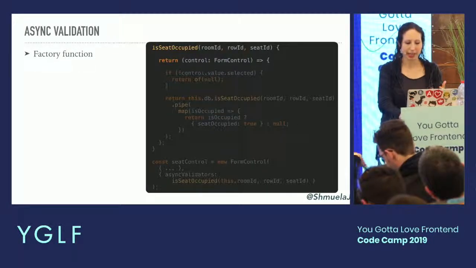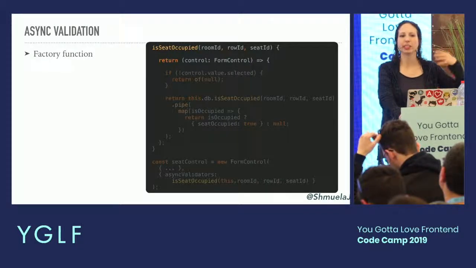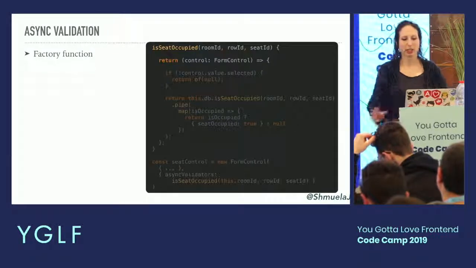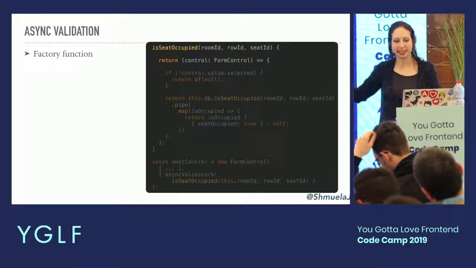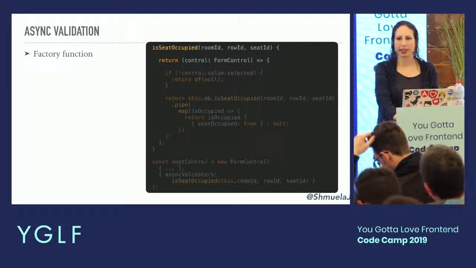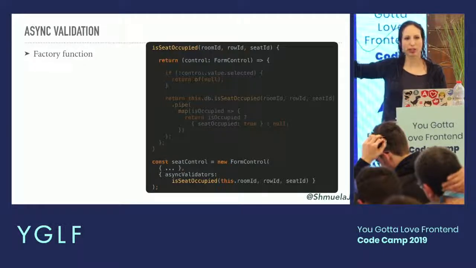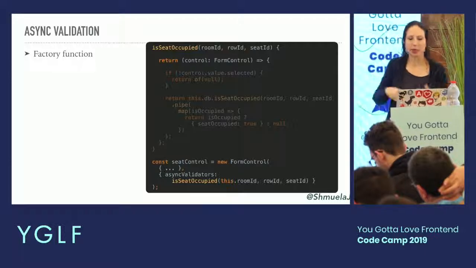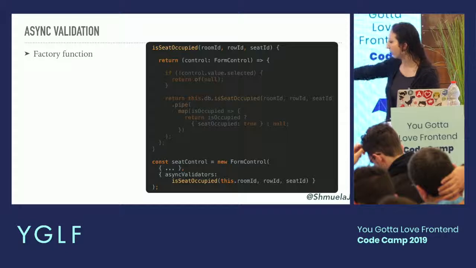When do we see a factory function? When we need to pass to the validator additional data and not only the control itself. So here I'm passing the room ID, the row ID, and the seat ID, and then I'm checking against the control, whether it's selected or not. And the way that I will register this validation is this way.